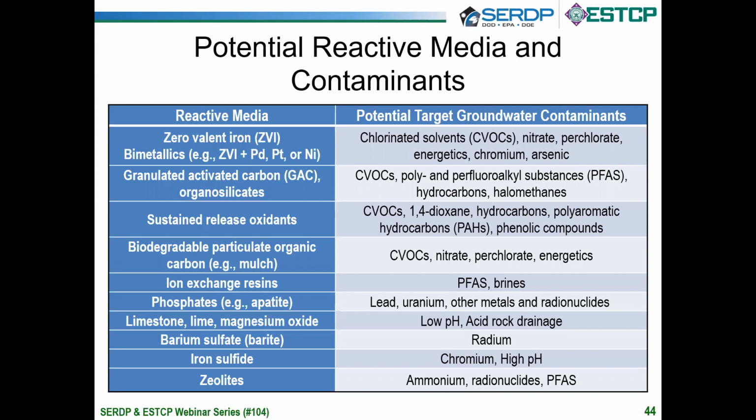And just a couple of weeks ago, we had an expression of interest from one of our mining clients about using barium sulfate for radium. So the point is that there are a lot of potential options. And because the media usage is quite efficient, we can consider media types that are relatively expensive and yet they still don't drive the overall project cost.